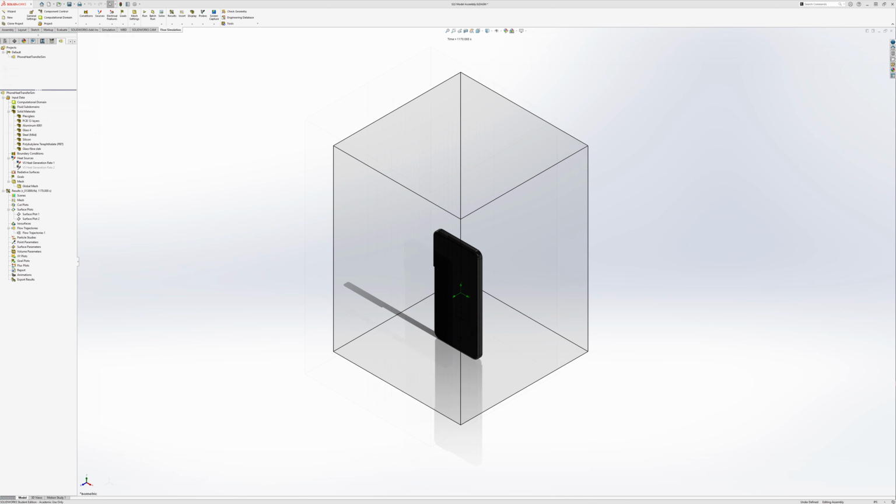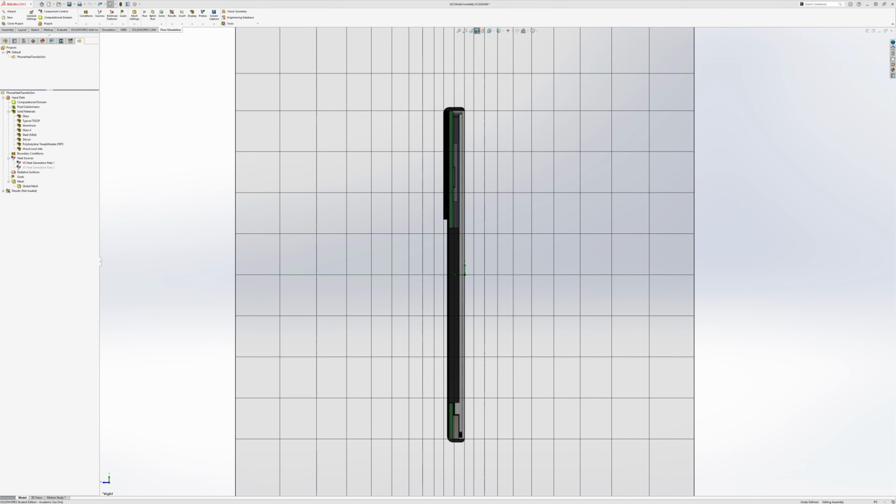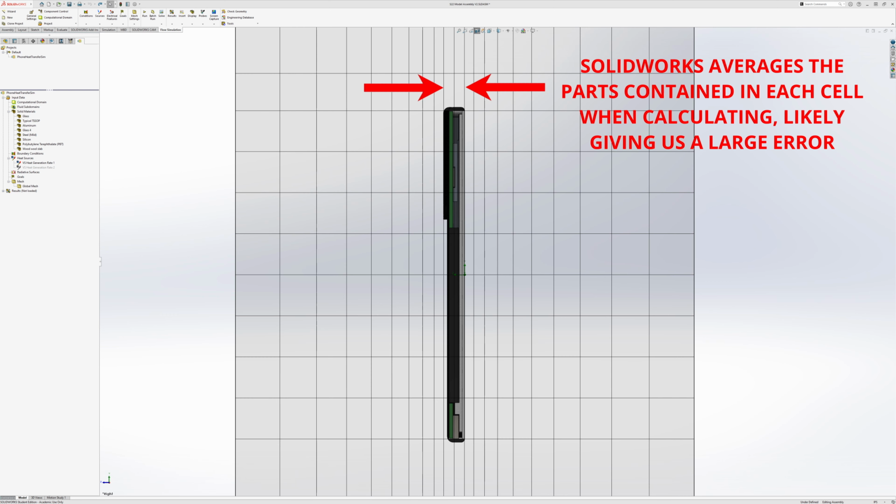Now, if we're actually running the FlowSim, we were running at a mesh setting of 4, which based on the mesh, it's about 3 or 4 cells for the entire thickness of the phone, which isn't a lot in the grand scheme of things. We have a lot of things that are like 10 thousandths thick, 20 thousandths thick.